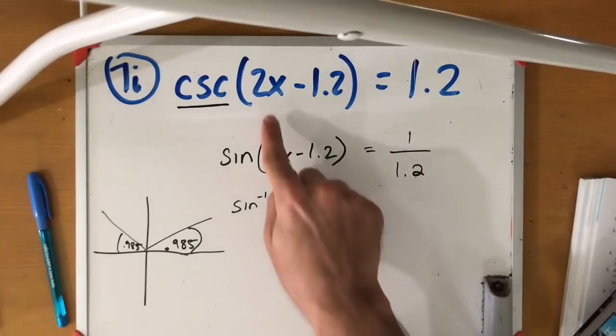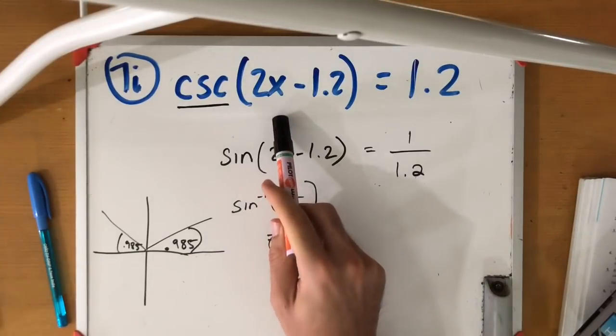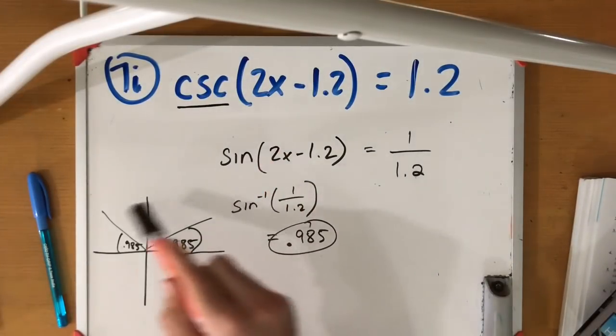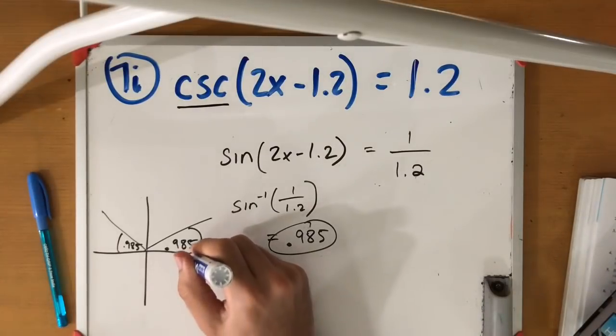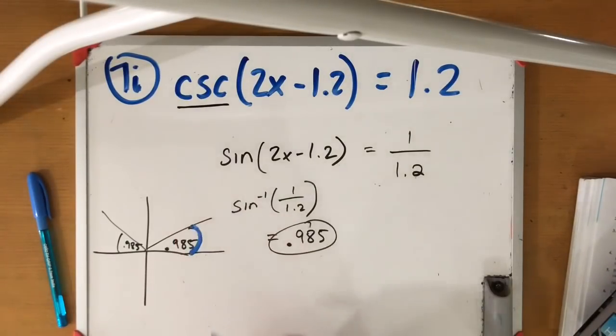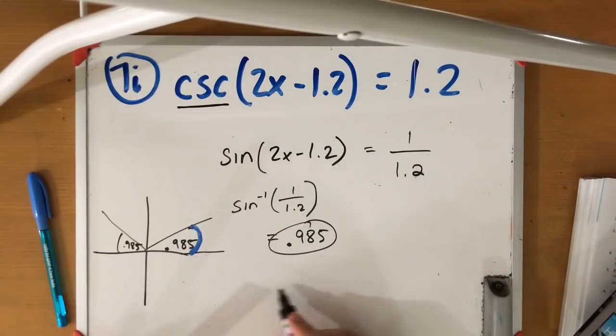Look back at how this is interpreting the angle. This is going to go around twice since it's 2x. The first time I go around, that's 0.985. So one of your answers is 0.985. Just go ahead and put that here.